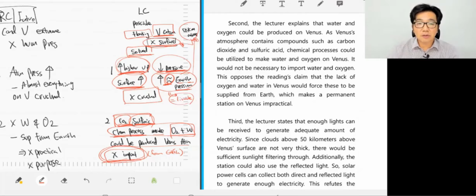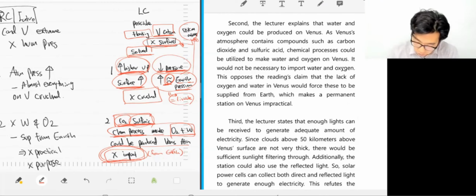Okay, so there are chemicals available to use chemical process to make oxygen and water. Detail 1. Okay, so you don't need to import oxygen and water from Earth, which is impractical, right? Okay, so it would not be necessary to import, slight paraphrase, water and oxygen from Earth.